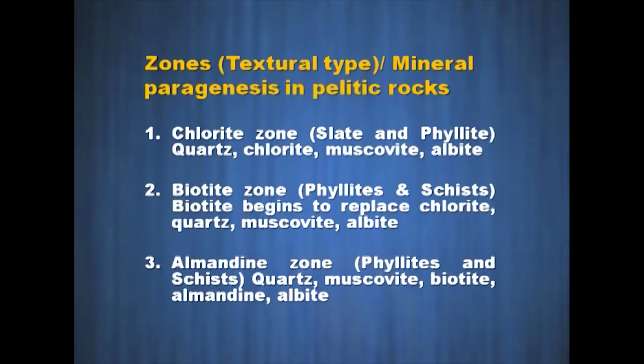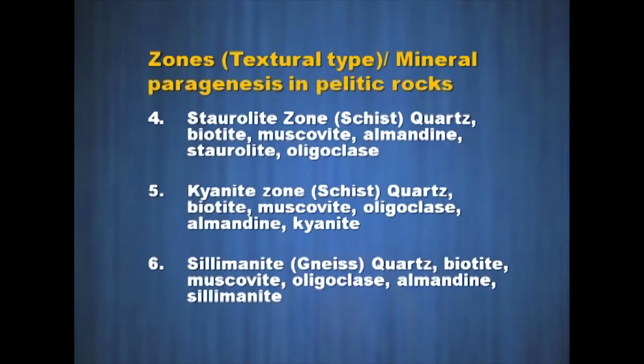Almandine zone: phyllite and schist, quartz, muscovite, biotite, almandine, albite. Staurolite zone: schist, quartz, biotite, muscovite, almandine, staurolite, oligoclase. Kyanite zone: schist, quartz, biotite, muscovite, oligoclase, almandine, kyanite. Sillimanite zone: gneisses, quartz, biotite, muscovite, oligoclase, almandine, sillimanite.